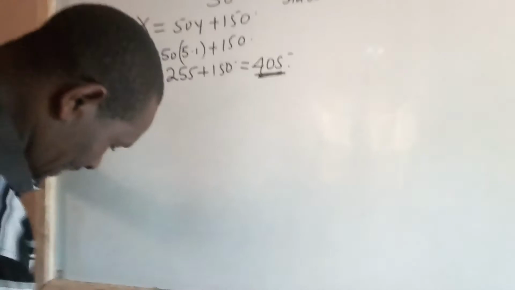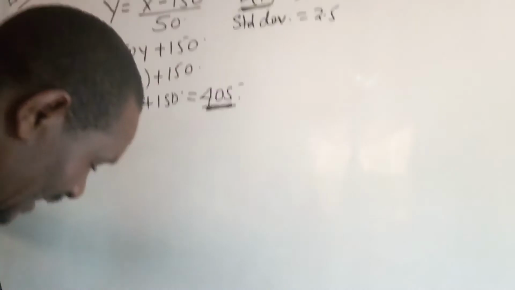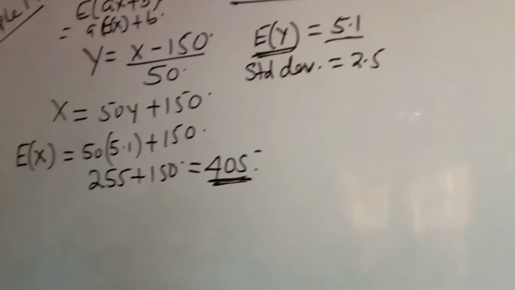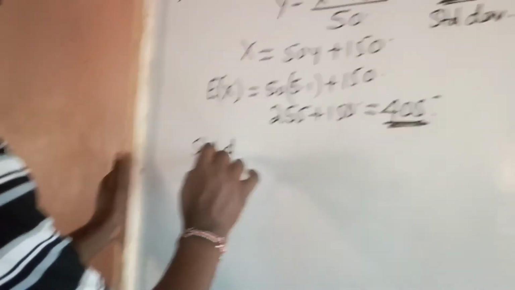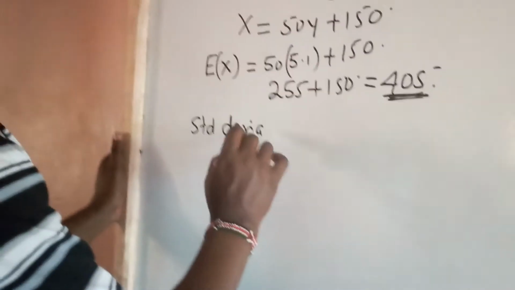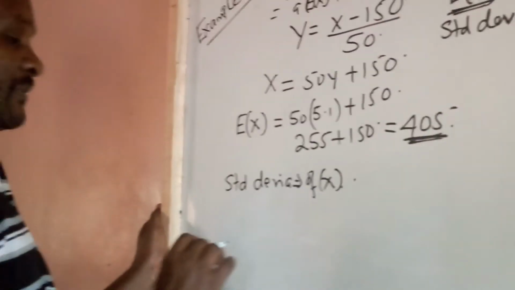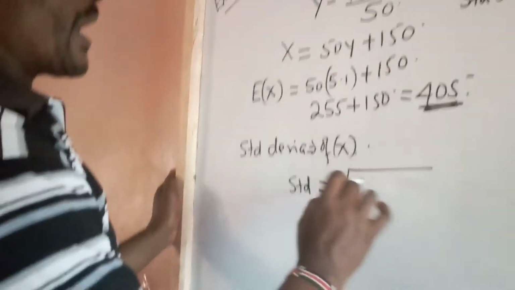Having said that, we are now expected to calculate the standard deviation of the original data, of x. We have to remember that the standard deviation is the square root of the variance.